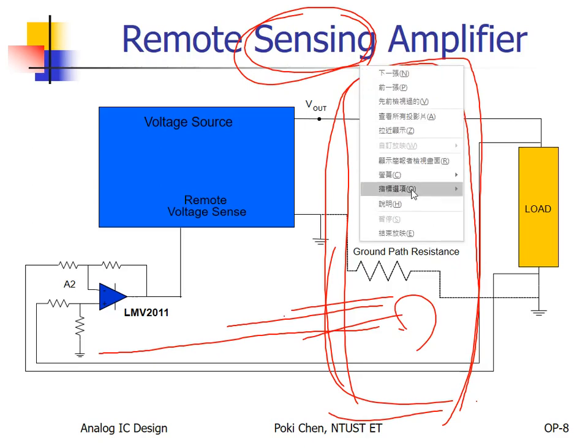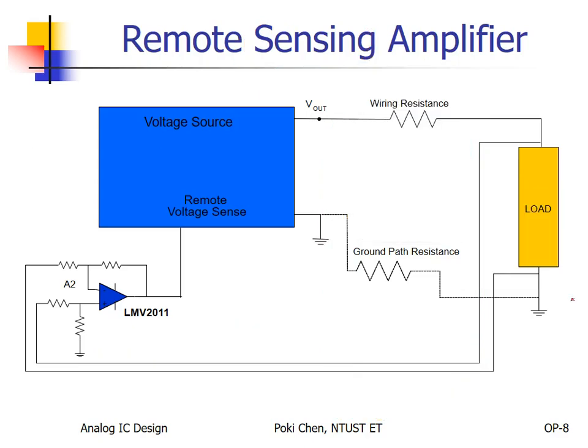We need differential sensing. It means two signals with opposite polarity, positive and negative. Differential sensing is really important.